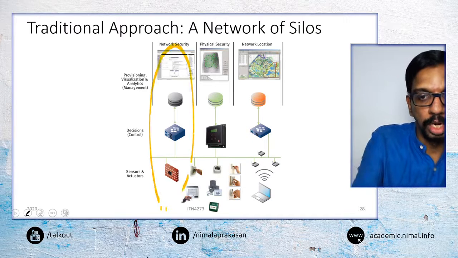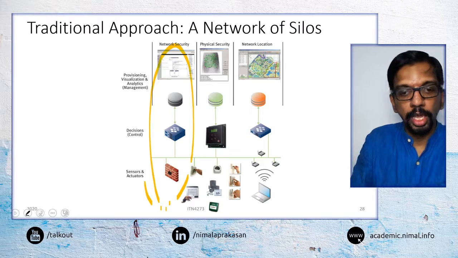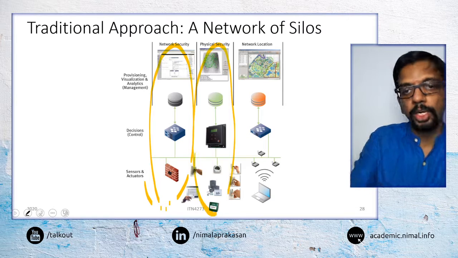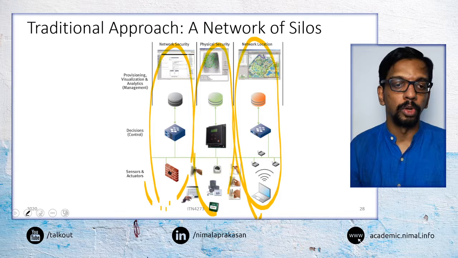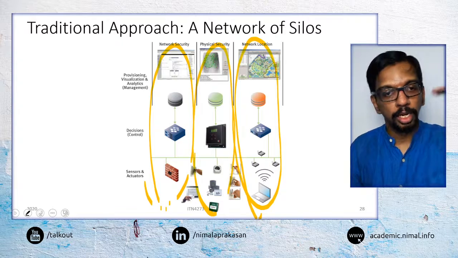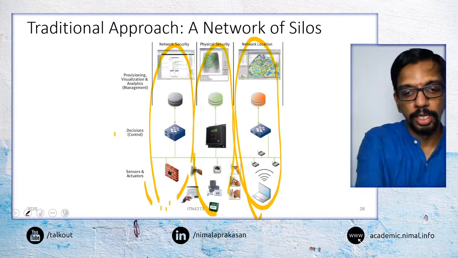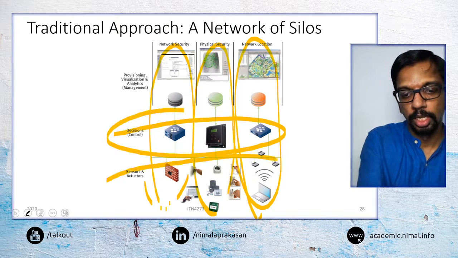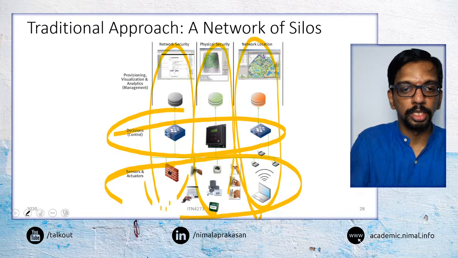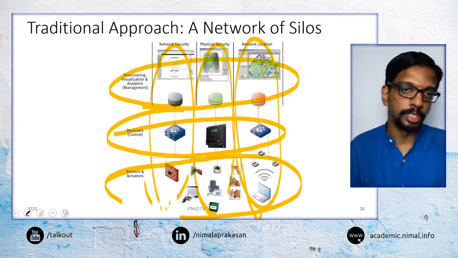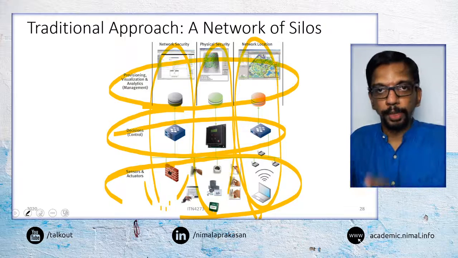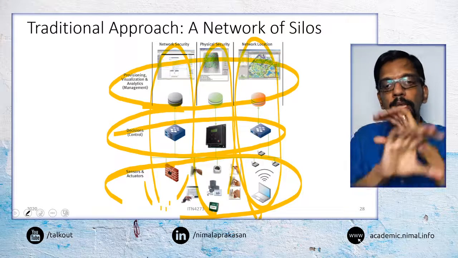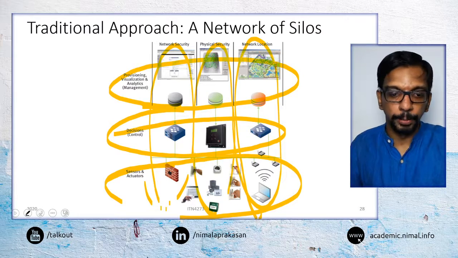So we have network security layers, the physical security layers, and the actual physical locations and network locations and so on. So then for each of these we have decision points, controllers, different sensors and actuators, then different services as well. So that is the traditional approach. All of these are separate, implemented separately, and they are managed separately.